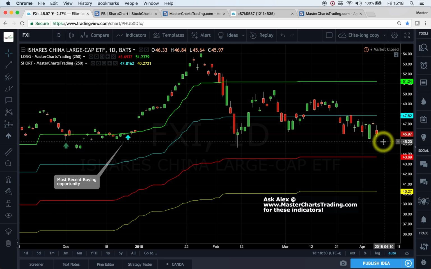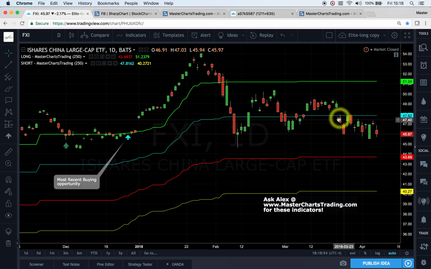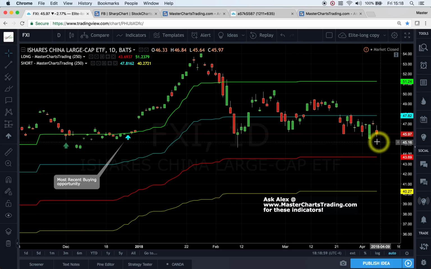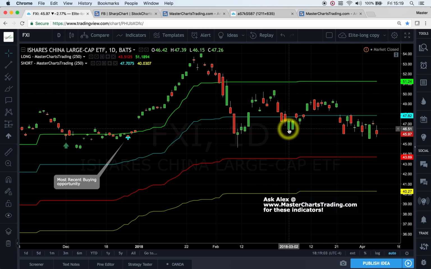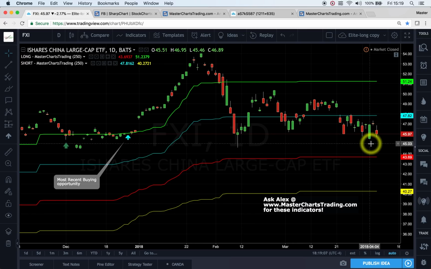So here's FXI China on a daily time frame. You can see that we're trading below, again, also trading below this blue line. We're making relatively like a lower low relative to the March 2nd low right there, and April 4th.